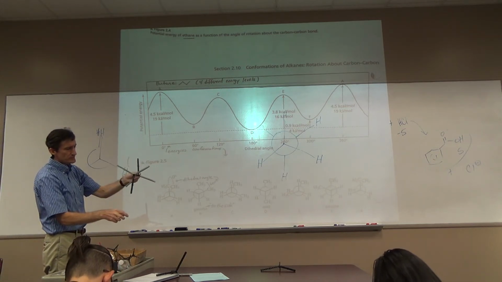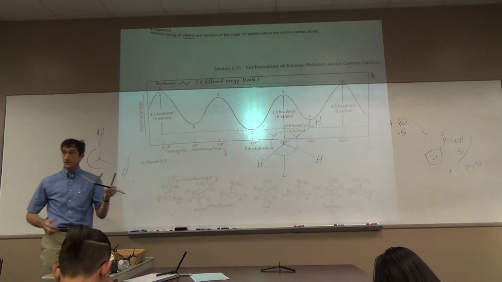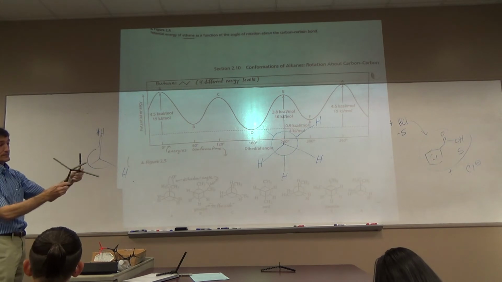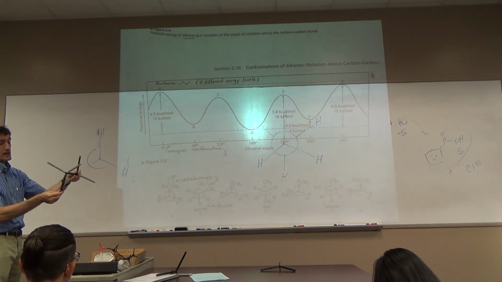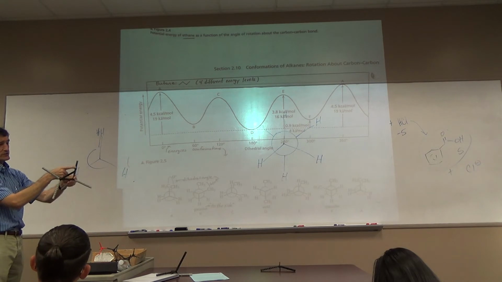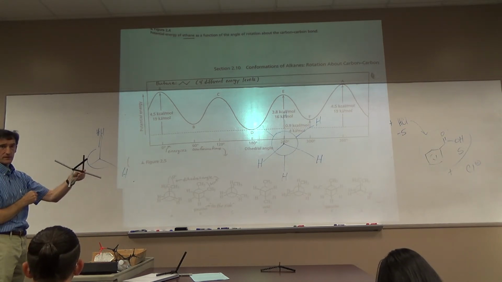2 methyls furthest apart, that's called what? Anti, or sort of opposite. One's up, one's down. Dihedral angle of 180. This previous staggered, what was the relationship between the two methyls? We start with a G. What's it called?